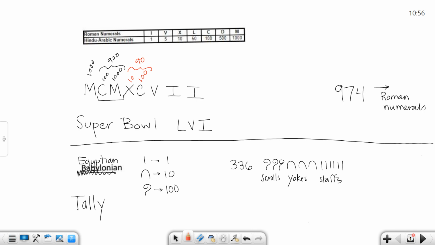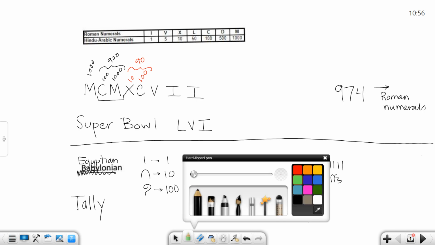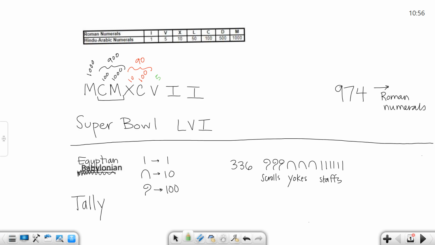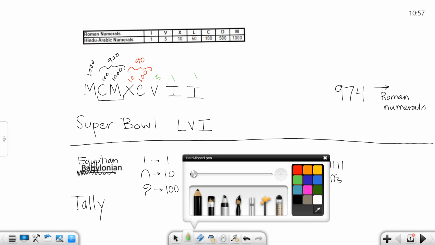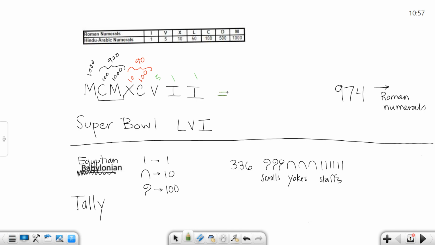The next one I see is 5, and the next one I see is 1 and 1. Great. So now we can go from there. I know my answer is going to be 1,997. And that's what it would look like.